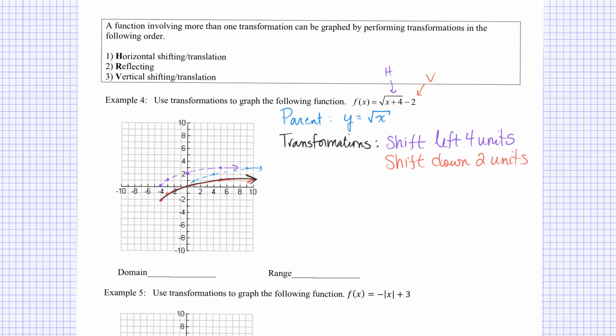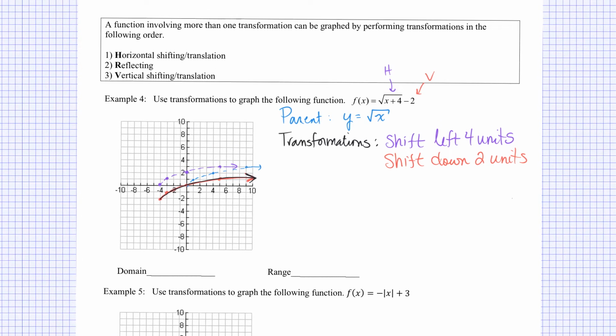So I began with my parent function, square root of x. I shifted left 4 units, and then I shifted down 2 units to end with this result. So this is the graph of f of x equals the square root of x plus 4 minus 2. The domain of this particular function is going to be from negative 4 to positive infinity.